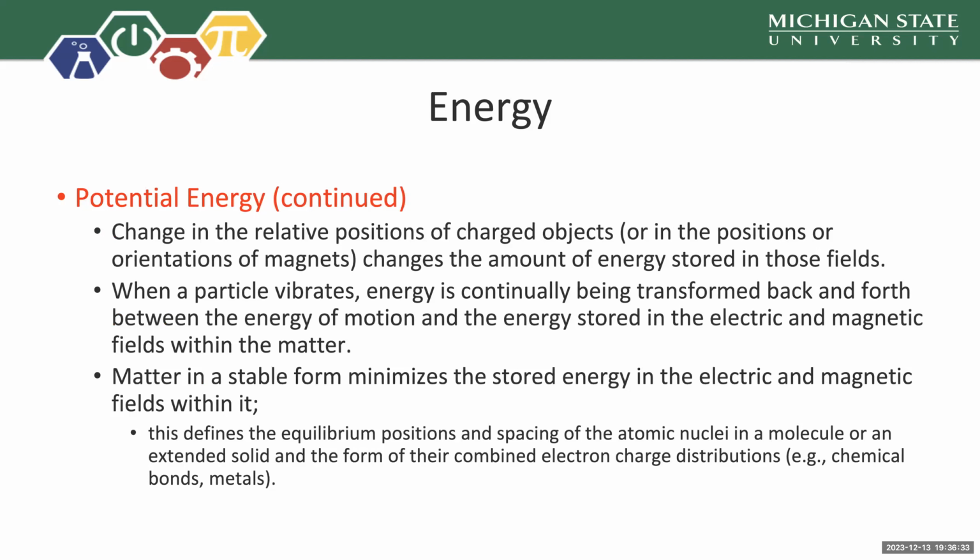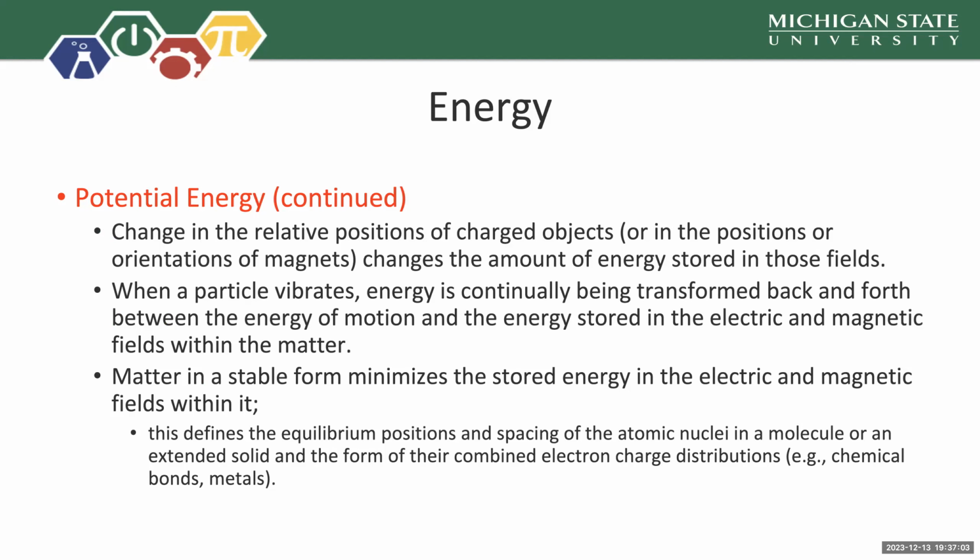So potential energy is really, and we'll get deeper into this, I'm just kind of trying to introduce this at the beginning here, because there's so much to do with energy in the interactions unit. Potential energy is the change in relative position of objects. And in the particular unit that we're going to be working on, which has to do more with electrons, it's a change in the charged objects.